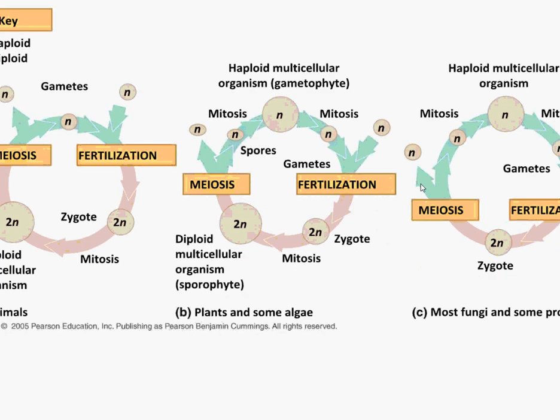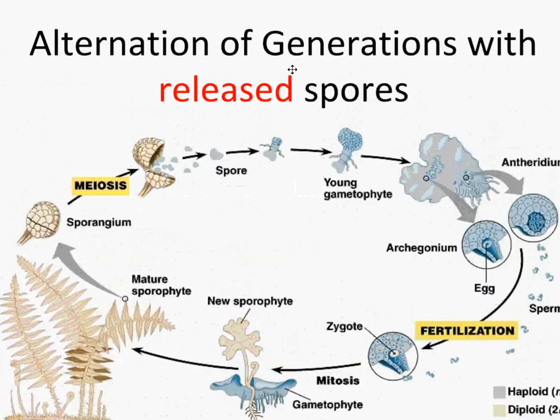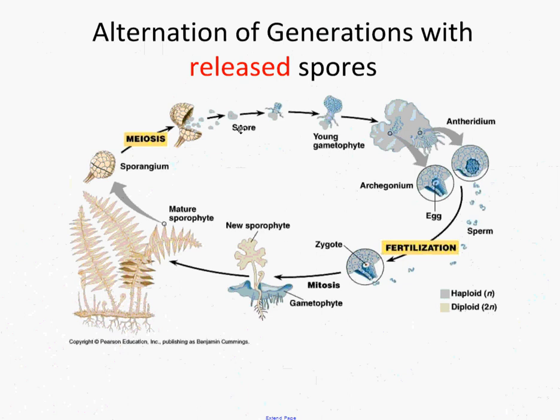So that was fungi. Moving on to plants. Plants are going to follow this same basic idea. Again, haploid, diploid, meiosis, fertilization, zygotes, gametes, all of these terms we're going to use, except for plants, of course, we're going to add a little something to that. With plants, we have a process called the alternation of generations.